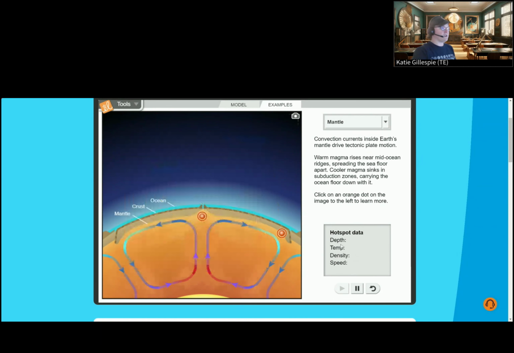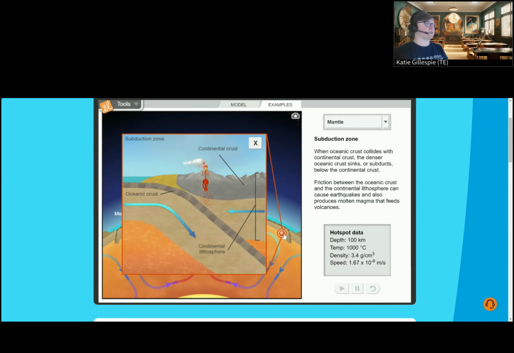All of this vocabulary should be familiar. Number 2 says, click the central orange dot, the mid-ocean ridge, and read about it. What's happening along that mid-ocean ridge? What I just said, heating, rising, cooling, falling. What part of that is occurring at the mid-ocean ridge? And then what part of that is also occurring at the subduction zone?